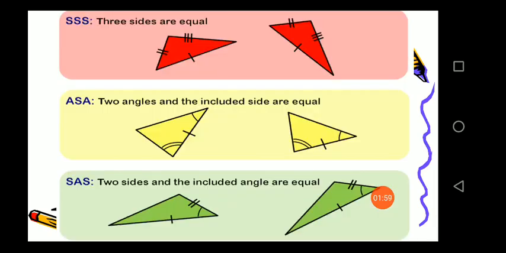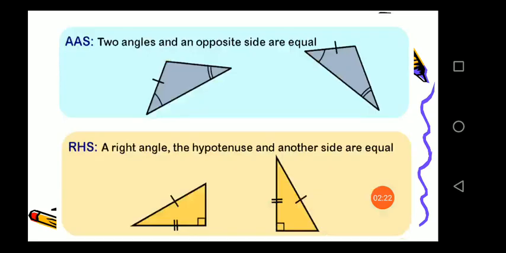So here is just a recapitulation of the criteria we have learned. The first, SSS, which means three sides are equal. Second, ASA, two angles and the included side are equal. Third, SAS, two sides and the included angle are equal.